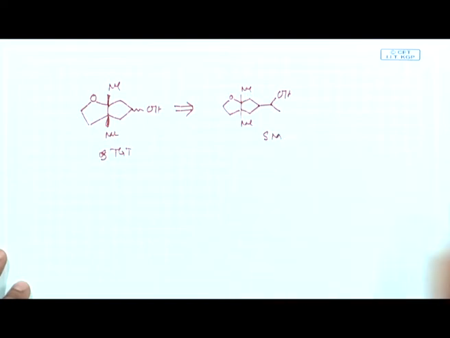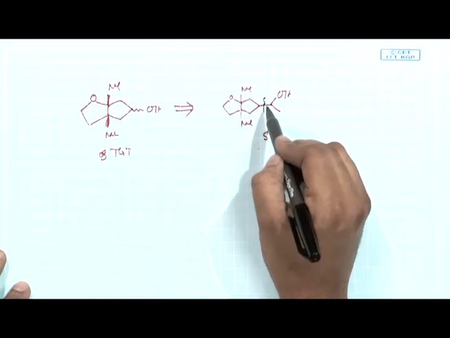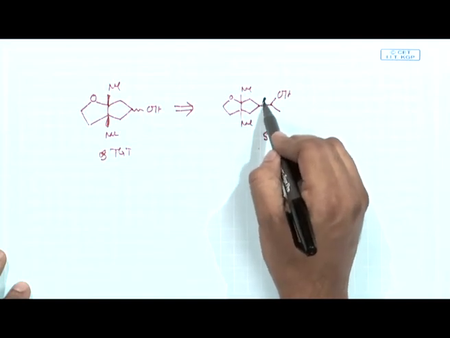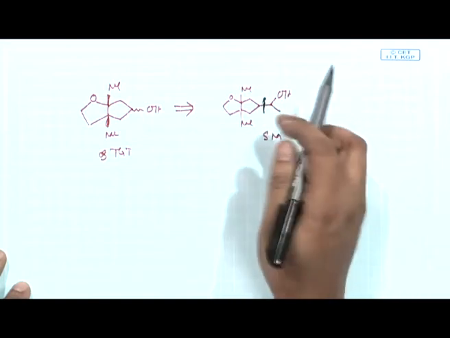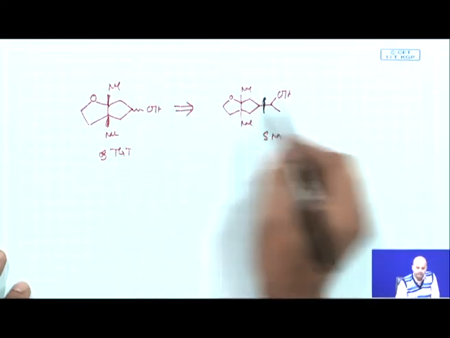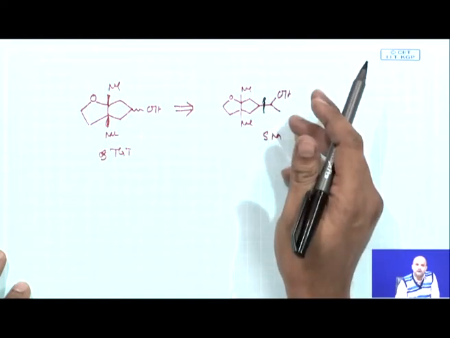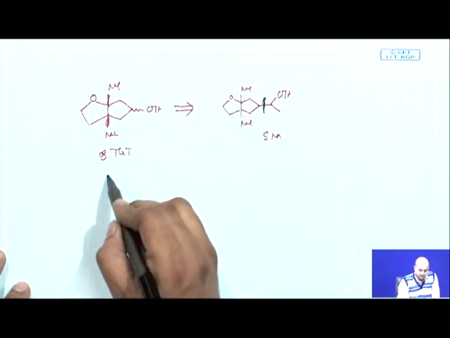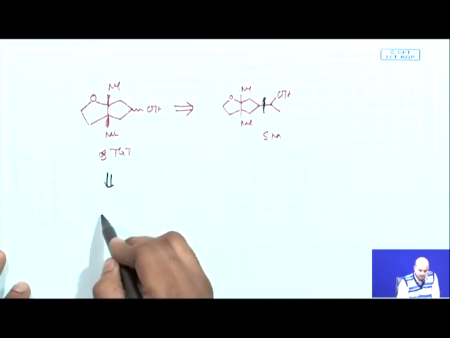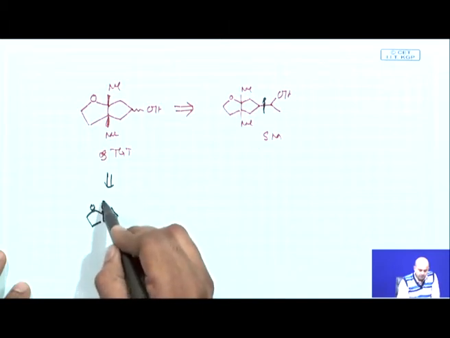Now, if you do a skeletal disconnection, you will find that you need to remove something here, and you need to introduce an oxygen on this carbon. So, this part has to be removed. What I will do here is follow a very classical retro based on a very important reaction.